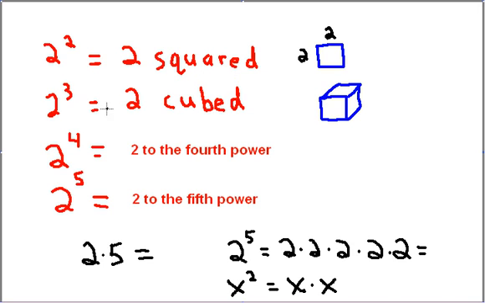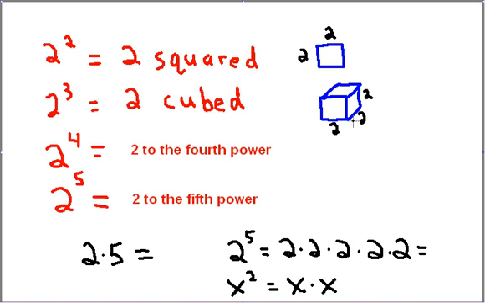And following along the same reasoning, here you have a cube, and the volume formula for a cube is length times width times height. In a cube, the length, the width, and the height are all the same number: 2 times 2 times 2. Over here, 2 to the 3rd is the same thing as 2 times 2 times 2.